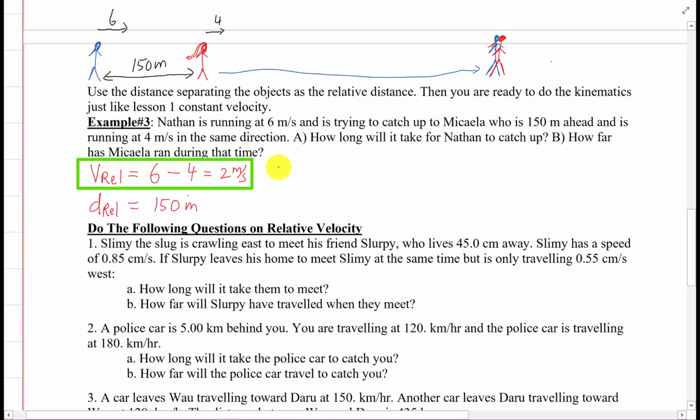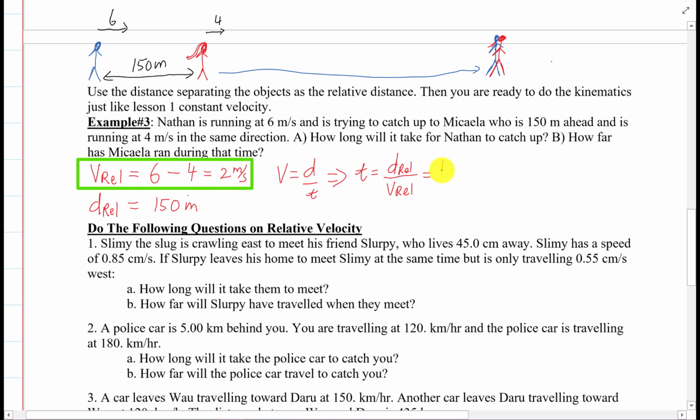At that point, we write down our equation, v equals d over t. I'm going to rearrange it because we're calculating for time, because we have the other two. So time is equal to d rel all over v rel.